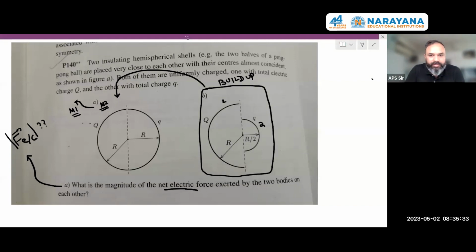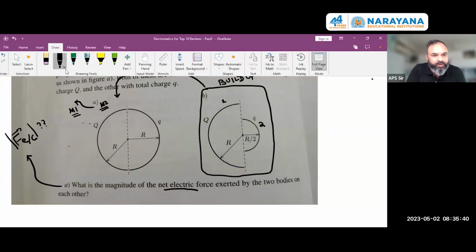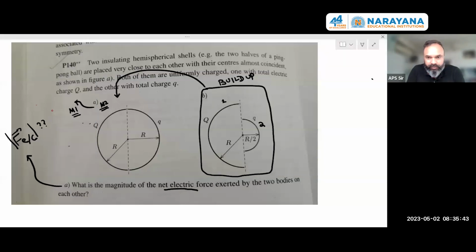First of all, by symmetry of the problem, I don't know the magnitude of force, but I am sure about the direction. Let's say 1 will apply a force on 2 in the rightward direction. Let me call that F, acting along the line of symmetry. How did I say that? Take any ring on this hemisphere, and because of the ring, find the force on one of the particles.